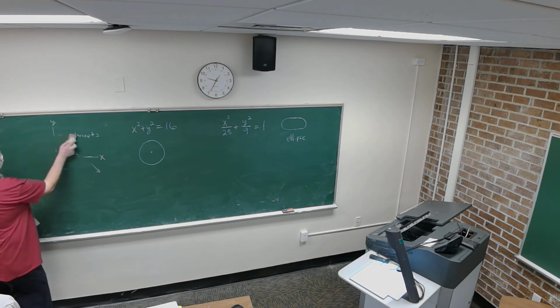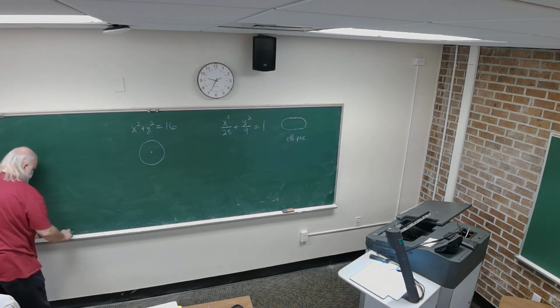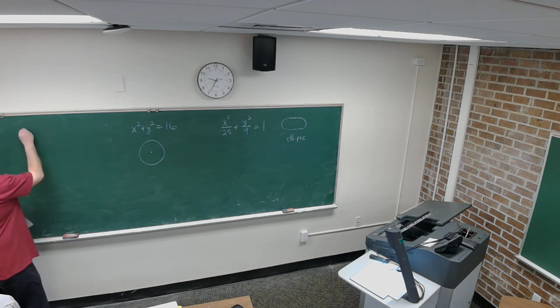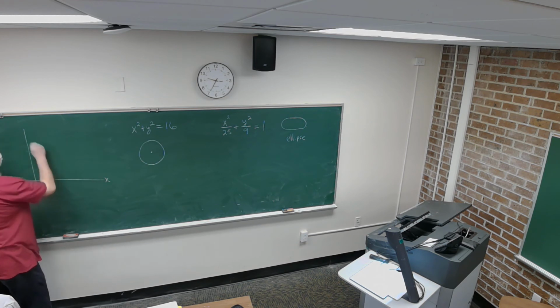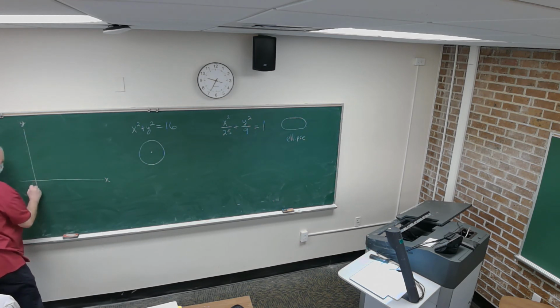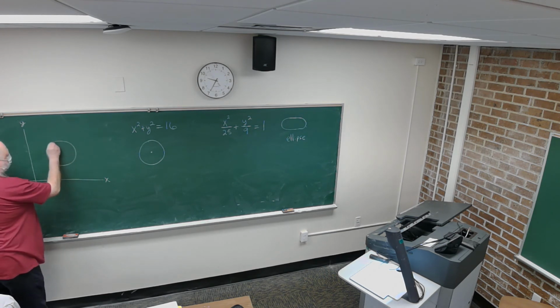So I'm going to draw a circle in the coordinate plane, and just to make things easy, I'm going to draw it in the first quadrant. Here's the origin, right? X and Y axis. And so here's my circle in the first quadrant.